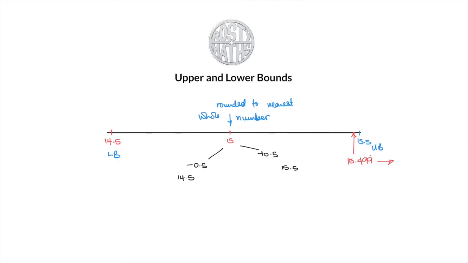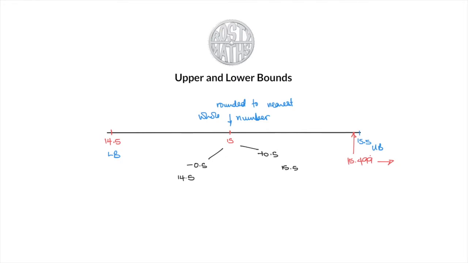Don't forget, though, that between here, you're going to have your error interval, and I'll talk about that in another video, but you will never be on 15.5. It's just an upper bound. It's an upper barrier, as it were, that you can't go past if you really think about it that way.